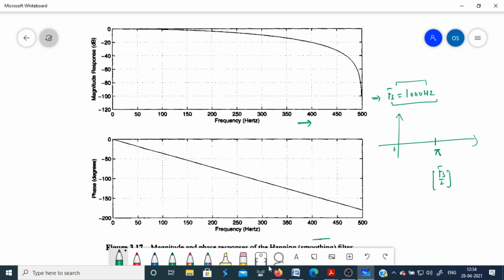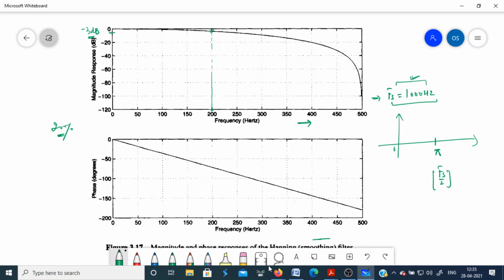Now you can see that at a frequency of around 200 hertz, this is the cutoff frequency where the gain is almost minus 3 dB. And this 200 hertz, for a sampling rate of 1000 hertz, is 20%.